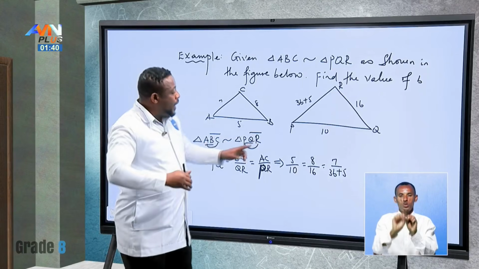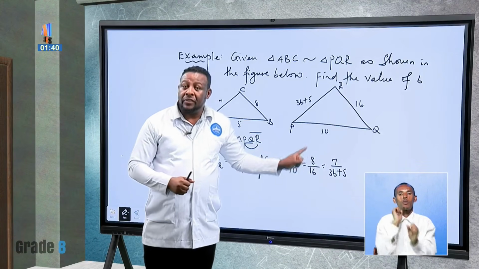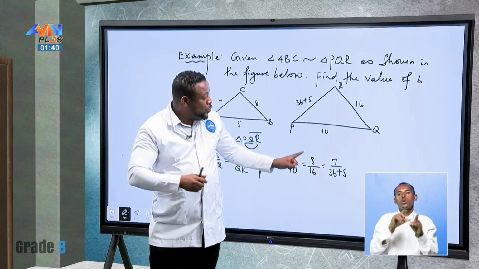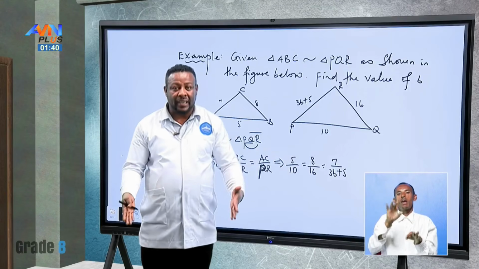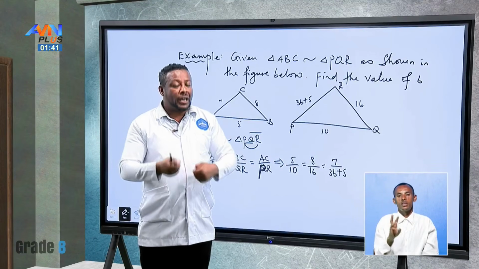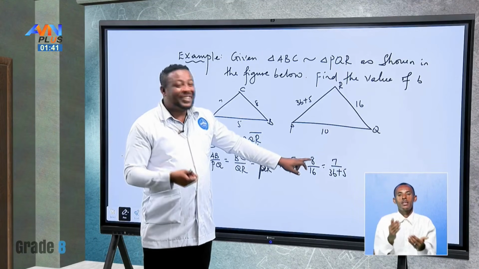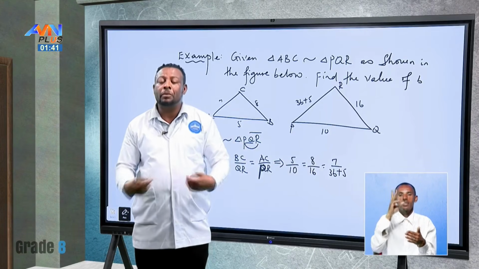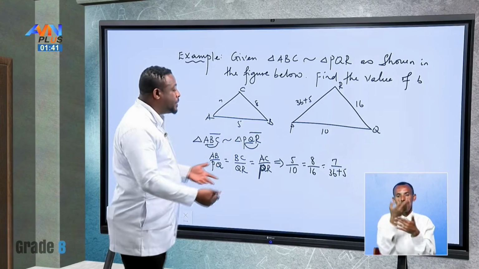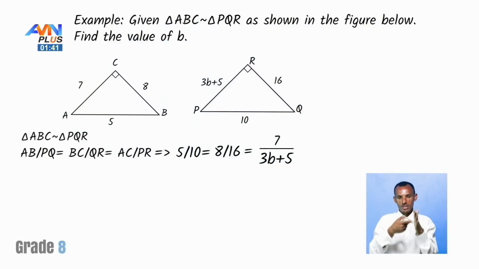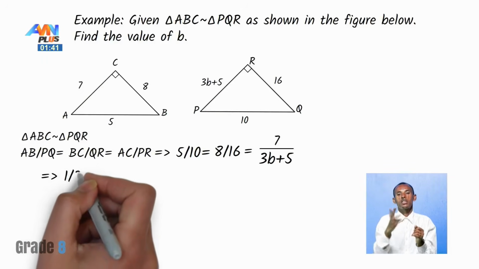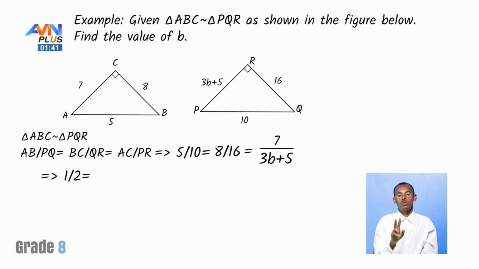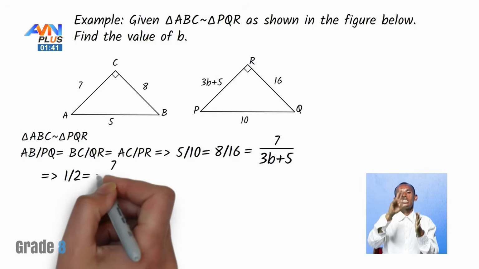Here, to make things easier, you don't need to take 8 over 16 directly. To make your calculation easier, please take the ratio of 8 and 16 in the most simplified form. The simplified form of 8 over 16 is 1 over 2. This is the same as 7 over 3b plus 5.